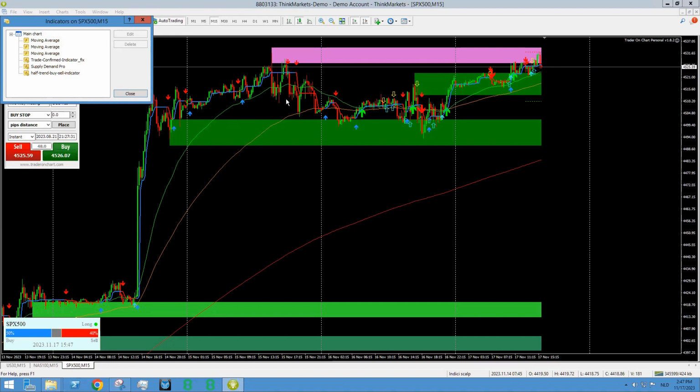In my template, only the red and blue line should give the pop-up. And if I mistakenly enable something, you can always enable or disable them. Like Supply Demand Pro, I only want the boxes. I don't trade the arrows on there. So I use the Half Trend for that, as it's a little bit more stable, basically. It doesn't pop up too early.